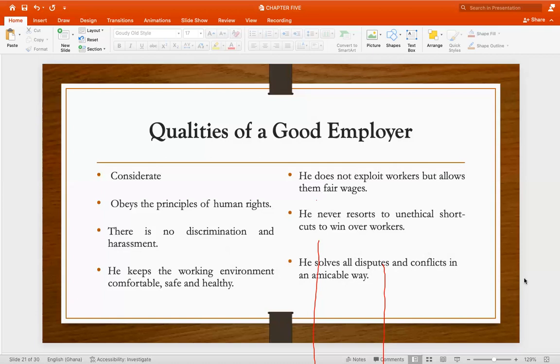The good employer will always make sure that he keeps the working environment comfortable and safe for his workers. The good employer does not exploit workers, but allows them fair wages, pays them for the work that they are doing, not looking for cheap labor, exploiting them and paying them peanuts.